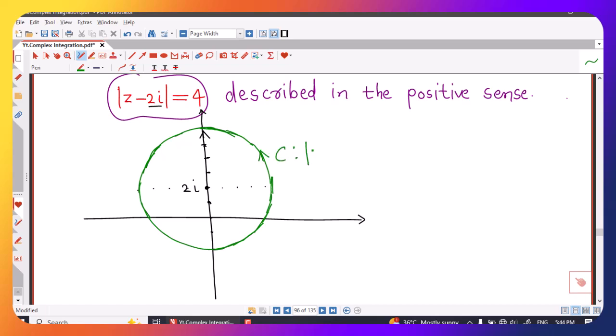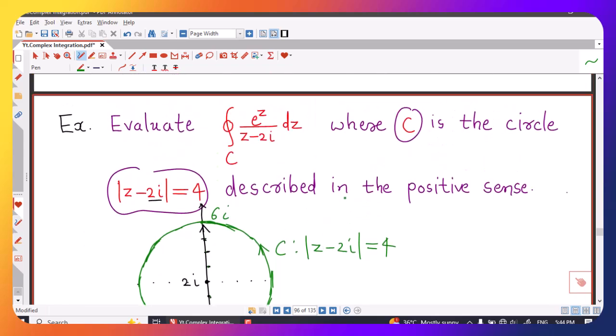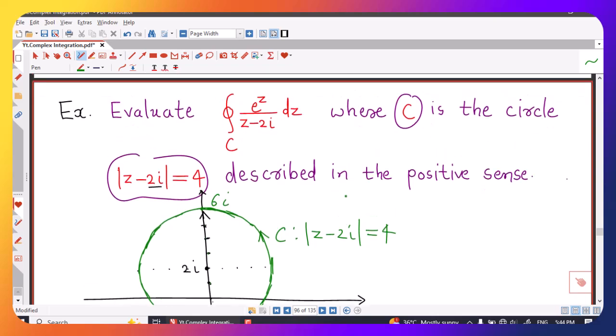So our contour is a circle with center 2i and radius 4. So this is 3i, 4i, 5i, and this point will be 6i. Here I have I, 0, minus I, and here I have minus 2i. So now we have 2i here.